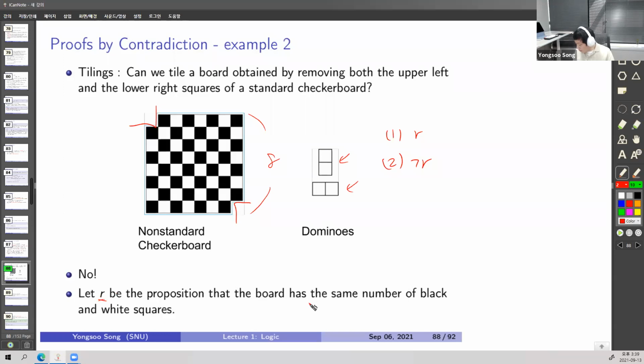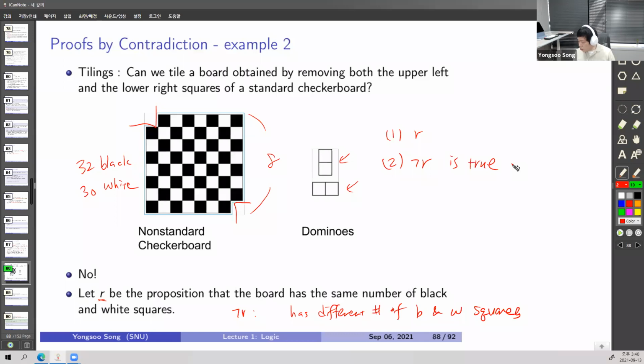Here R is saying that this board has the same number of black and white squares, meaning that negation of R means this board has a different number of black and white squares. And this is true because if you look at this board, it has 32 black squares and 30 white squares. So this negation of R is true.